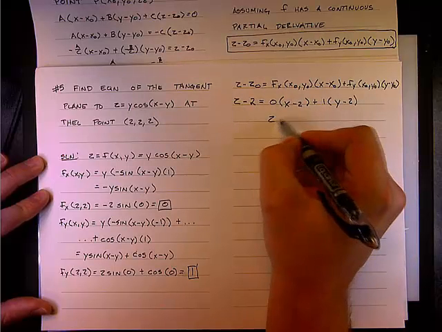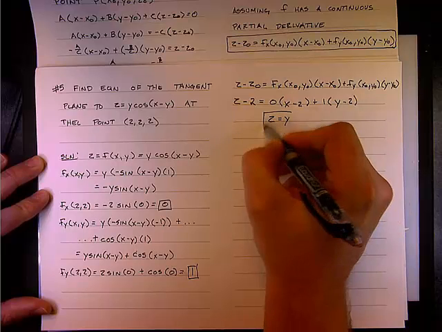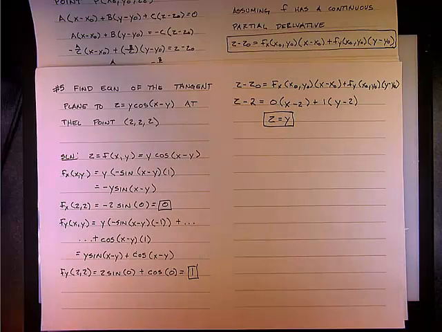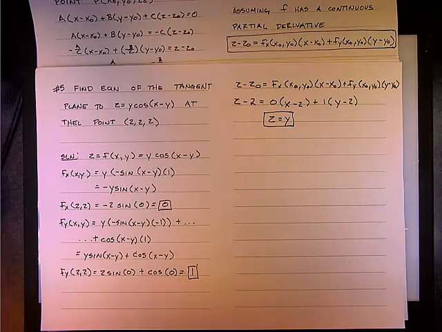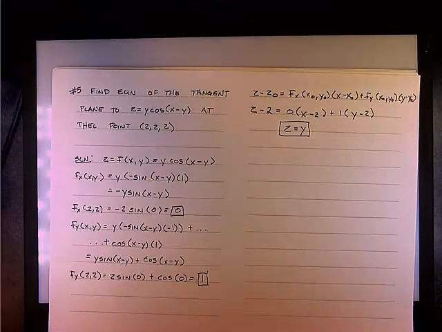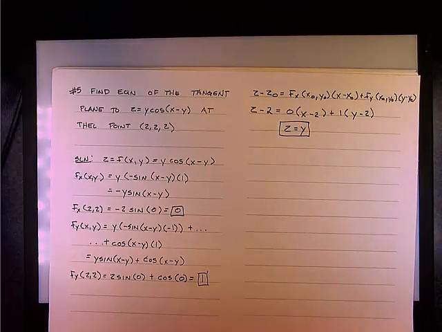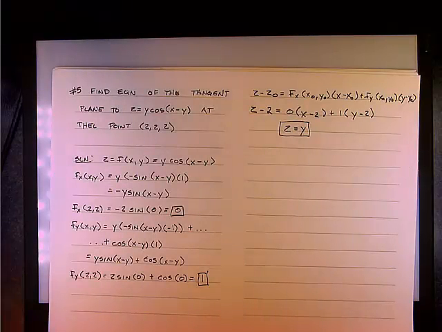Now I'm going to substitute in my values. My term was 0. Minus 2 plus 1 times y minus 2. And then evaluating, that term's going to go away. That's going to be a negative 2, so we're going to be left with z equals y. There's the solution.